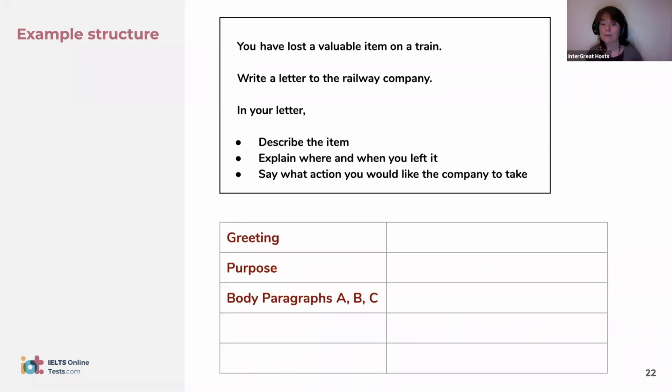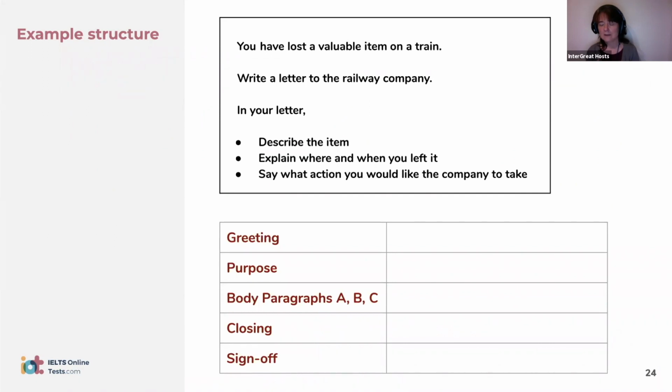So 3 bullet points, 3 body paragraphs, clearly related to the 3 bullet points. Then we need a closing statement. That's going to be in a separate paragraph, but it's probably just 1 sentence. That's part of the letter conventions. And then you sign off the letter.